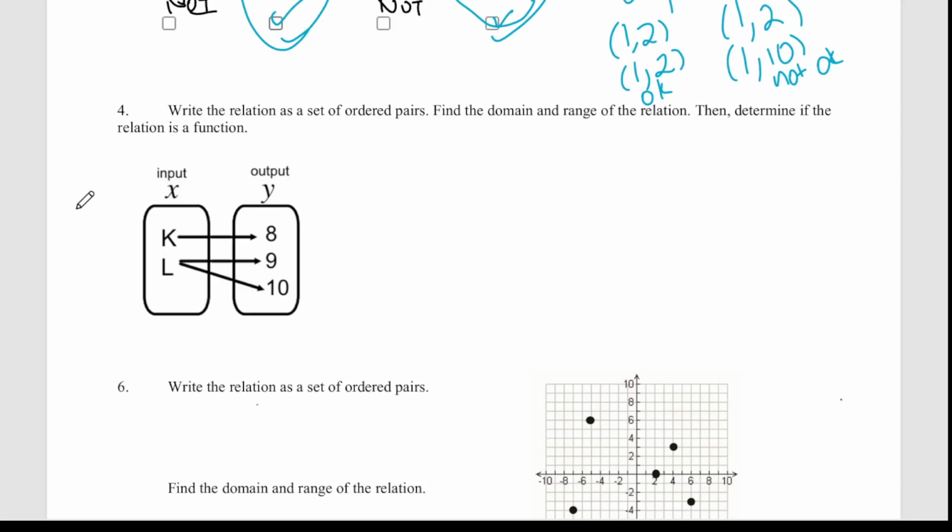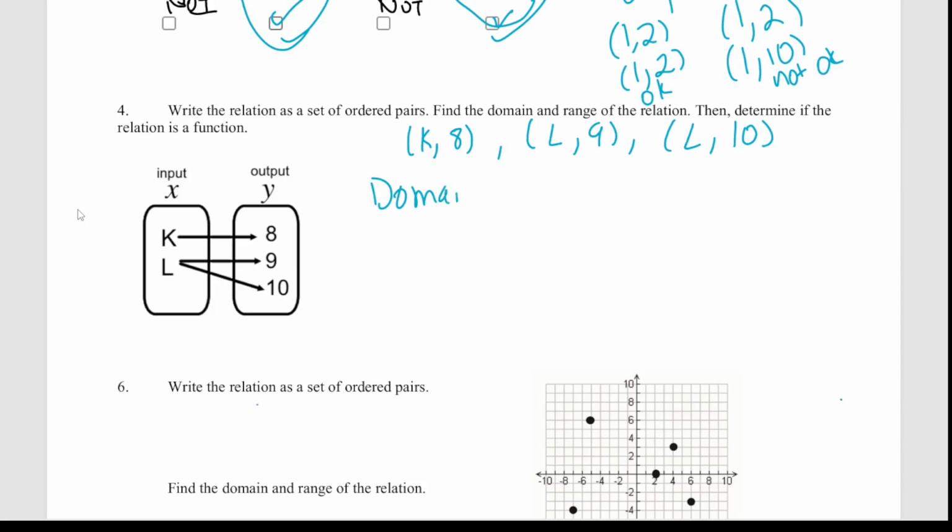For this next one, go ahead and see if you can pause your video and write the function as a set of ordered pairs, find the domain and range, and then state if it is a function. So the set of ordered pairs would be k going to 8, l going to 9, and also l going to 10.